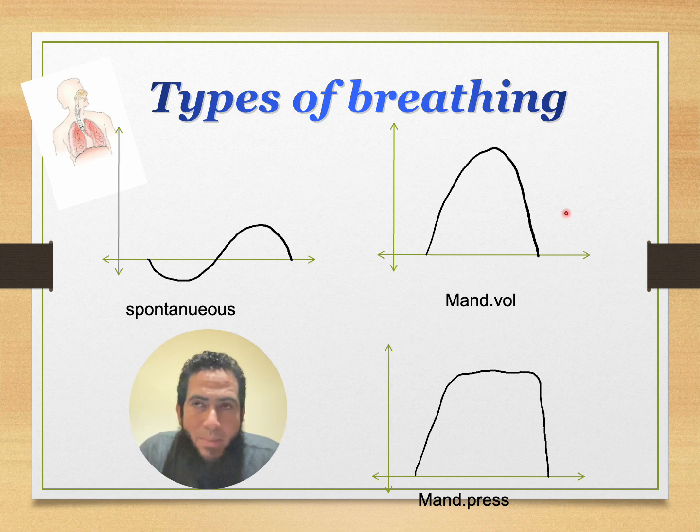In this condition, if due to different lung mechanics, for example, stiff lung, the pressure went very high before delivering the predetermined volume, the pressure will stop at a certain point.